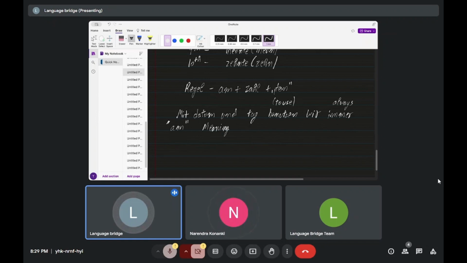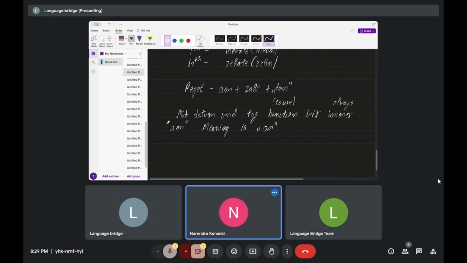With days also, we always use am, and the meaning is on in English.